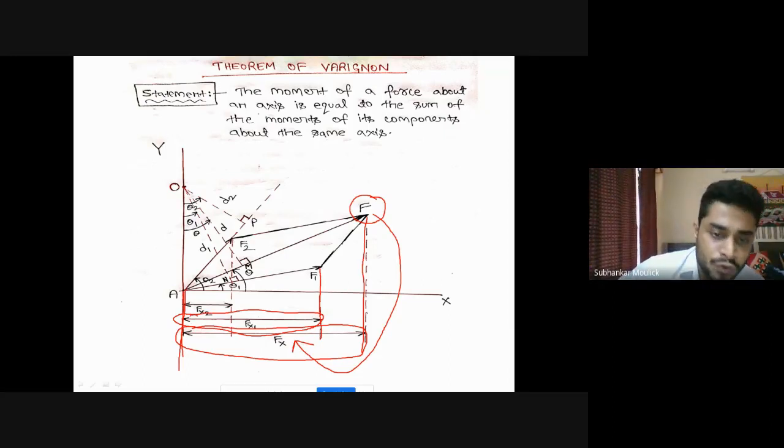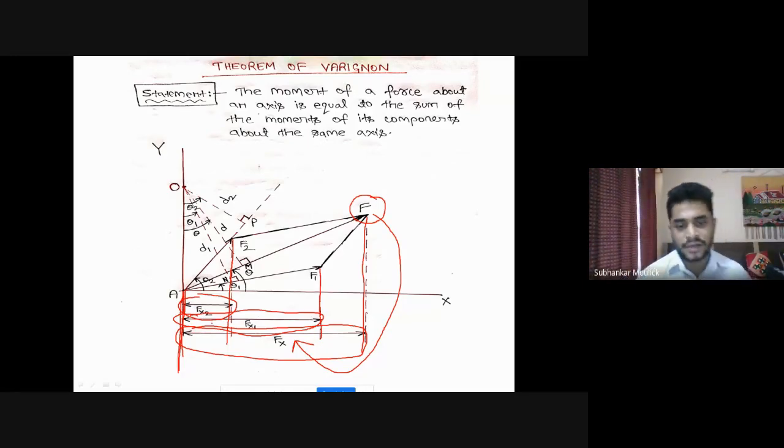Similarly, for F2, drop a vertical line from F2 and from the origin. This will be the horizontal component of force F2, that is Fx2. Is it clear so far? Fx1, Fx2 and Fx. Any doubt? No, sir, no doubt.